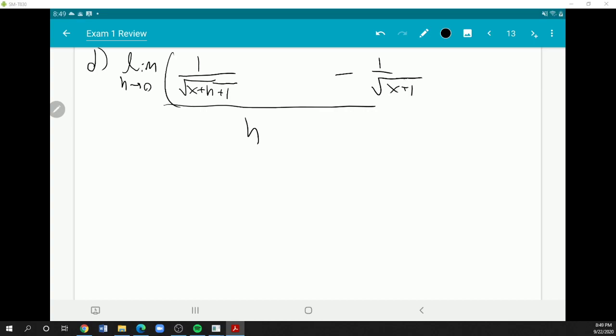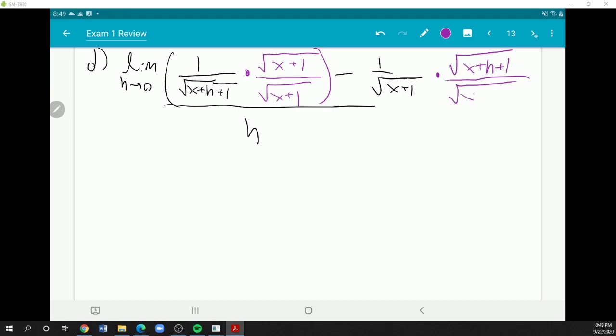It's plus 1. So multiply by the denominators to get a common one. Let's move this over here. Over root x plus h plus 1. And then this whole numerator is bracketed off. Sorry for doing that.